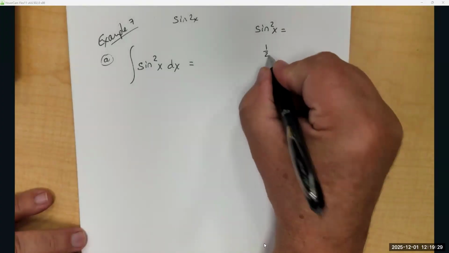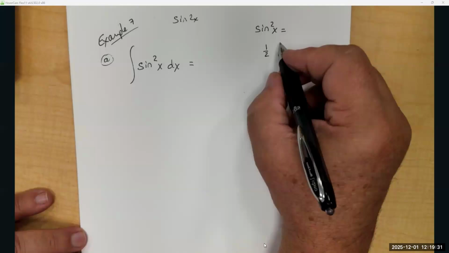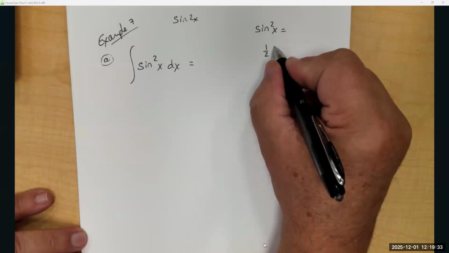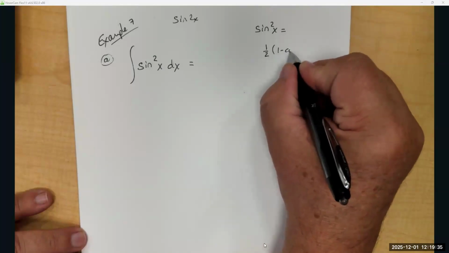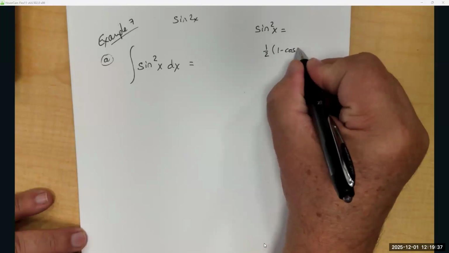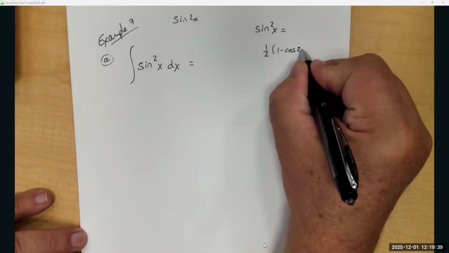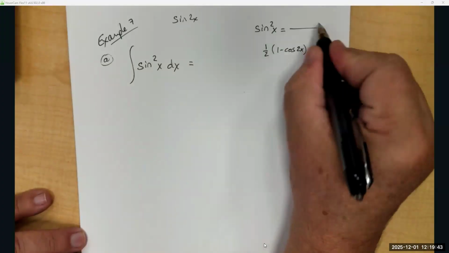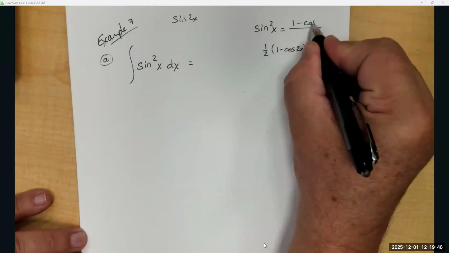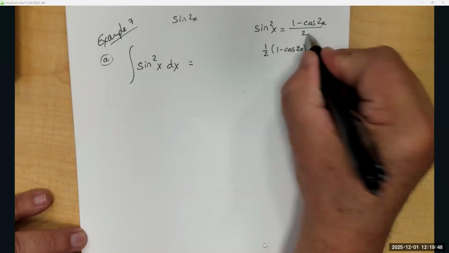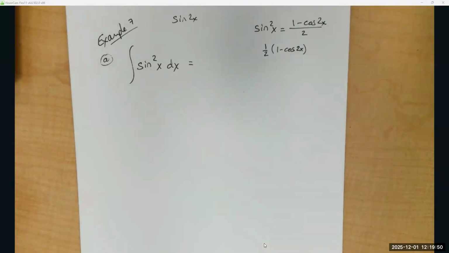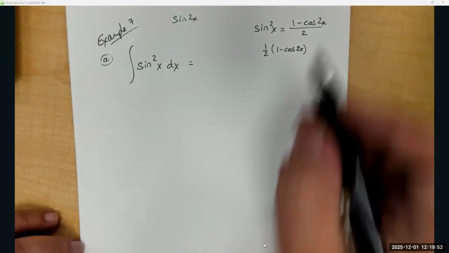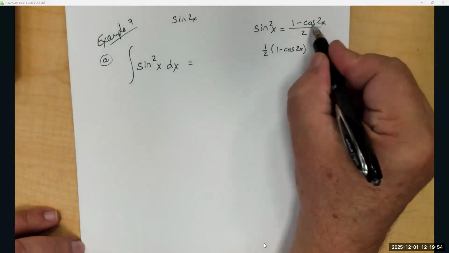So 1/2 times 1 minus cosine 2x. Yeah, so 1 minus cosine, the double angle, over 2. Right. Because now we can use the chain rule here.